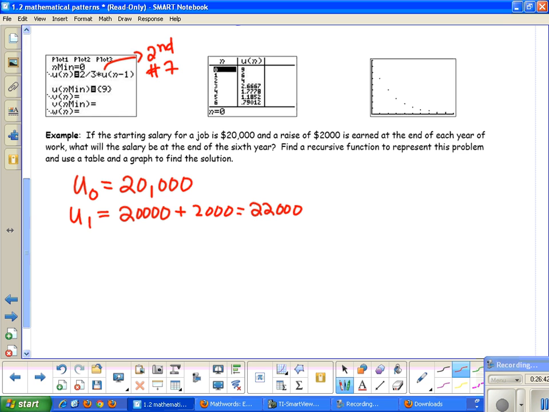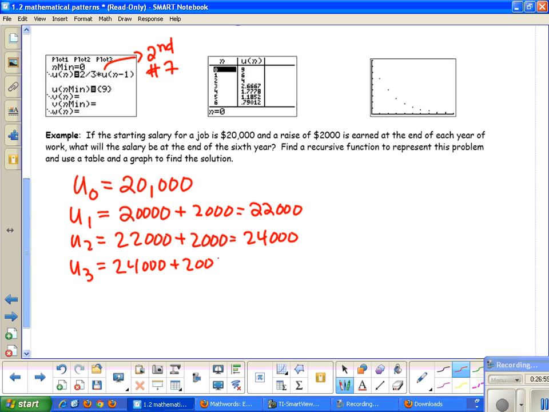So then u sub 2 would be equal to my previous term, so 22,000 plus another 2,000, so 24,000. So I could keep on going. U sub 3 would be equal to 24,000 plus 2,000, which gives me 28,000, and so on and so forth.